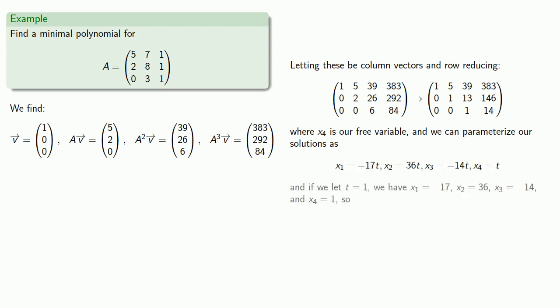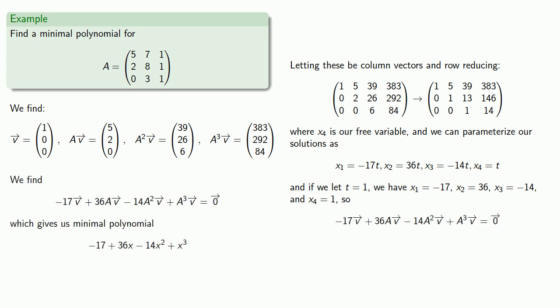And if we let t equal 1, we'll get a set of solutions. A linear combination equal to 0, and a corresponding minimal polynomial.